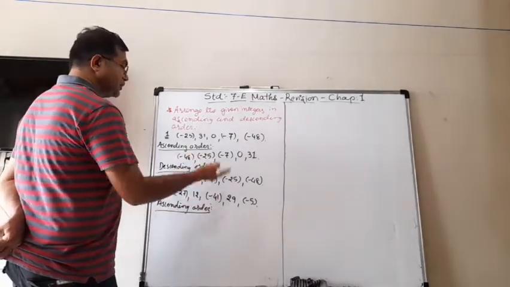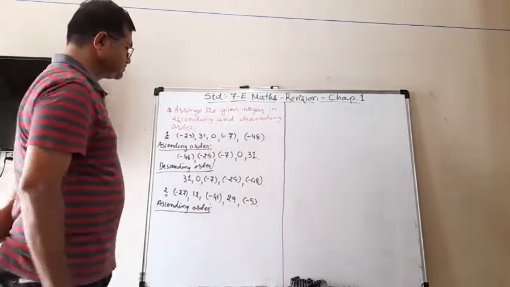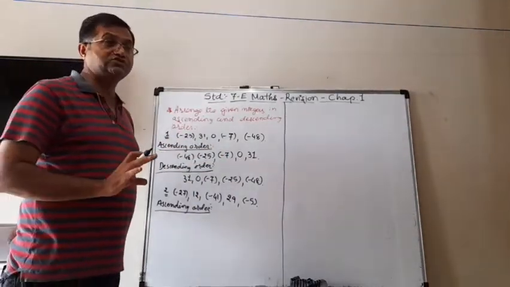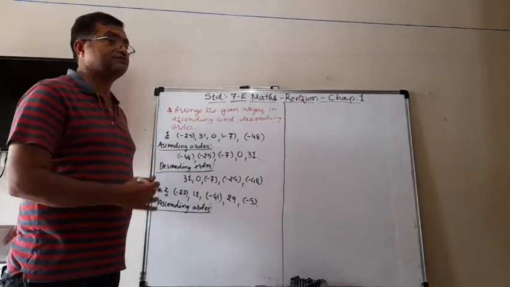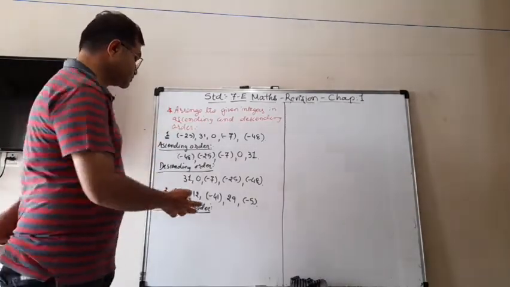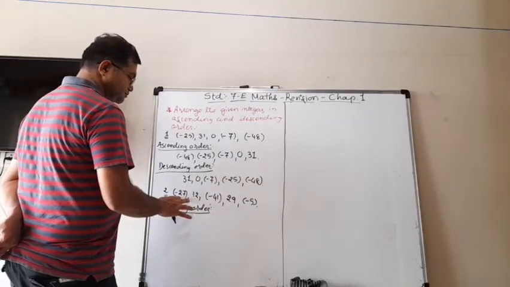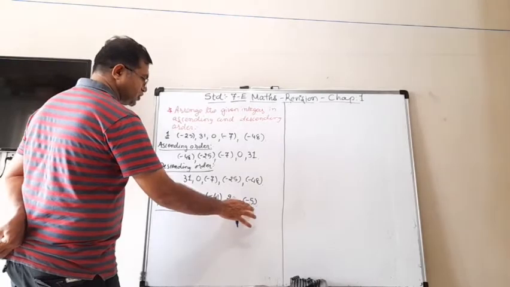As we already saw in the previous one, first we will have to take negative integers only because they are smaller than 0 and the positives. So here there are 3 negative integers. It looks like this is the smallest, but it is not.